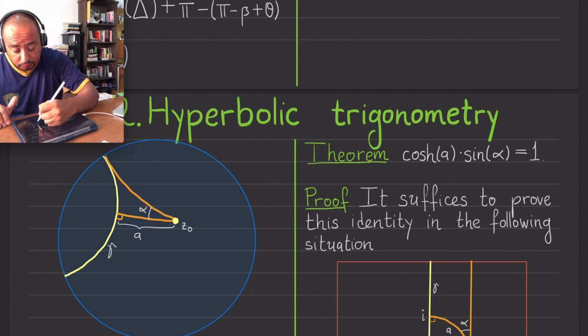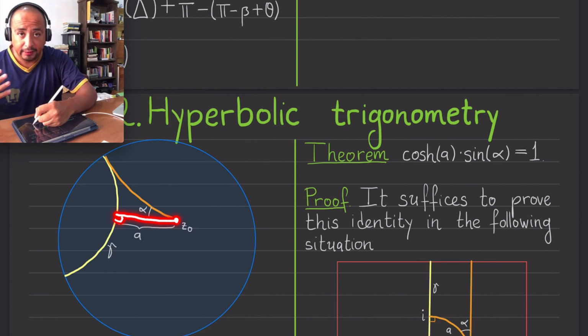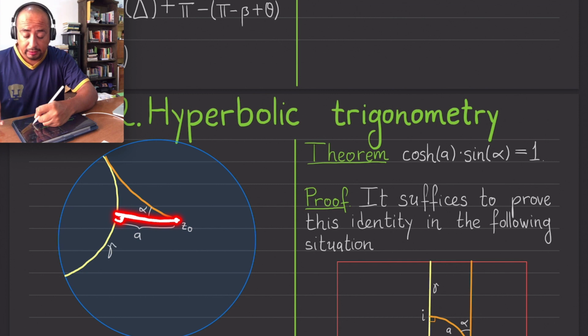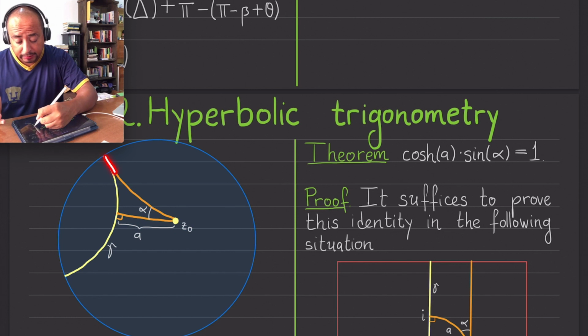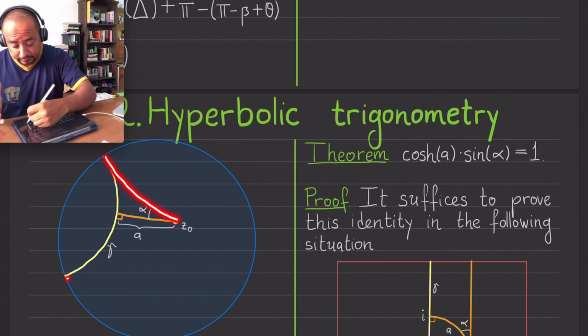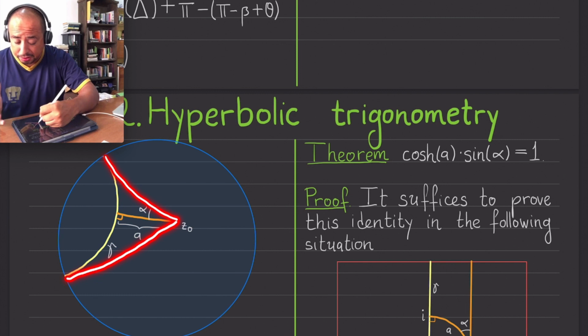Furthermore, if you draw the shortest curve that passes through Z0 and is orthogonal to the yellow shortest curve gamma, and an exercise would be that such a shortest curve orthogonal to the yellow one indeed exists, then at least intuitively this angle should be equal to this other angle, right?